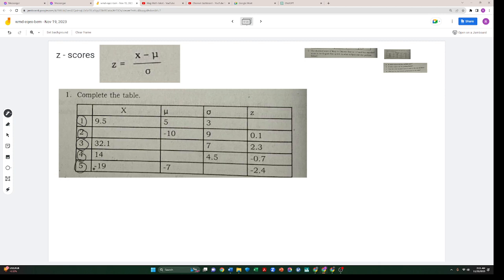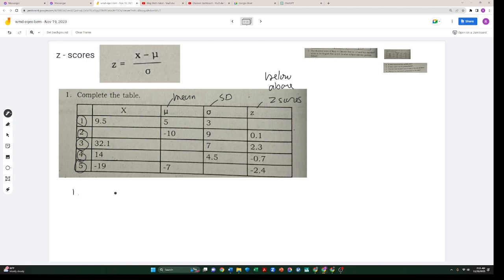Ang 5, ang wala sa iyaha, which is ang standard deviation. This is your mean. This is your standard deviation. This is your z-scores. Okay? Siya nagaingon kung above ba ka or below sa mean. No? Let's start number 1.